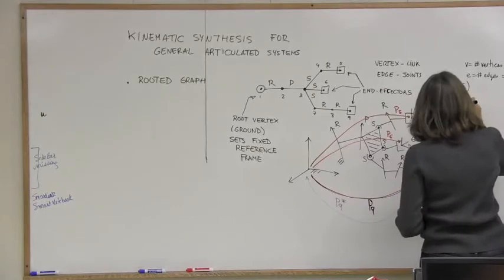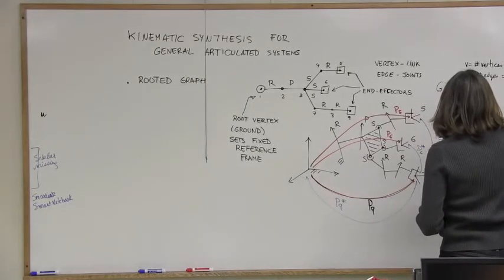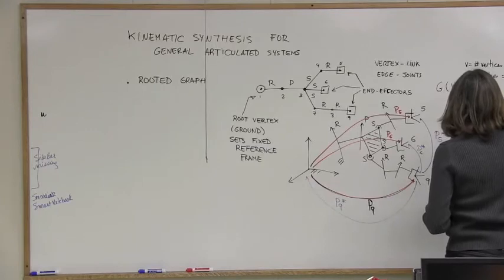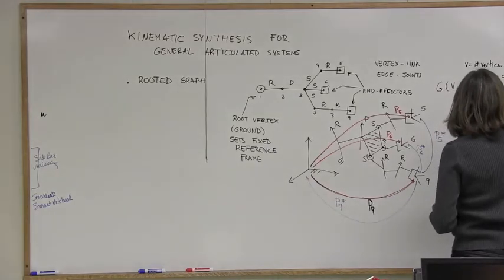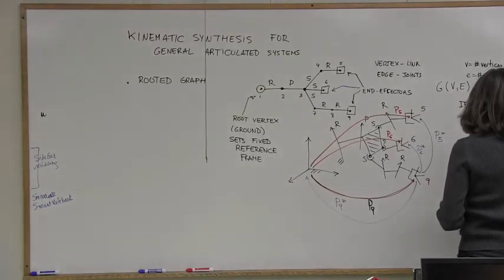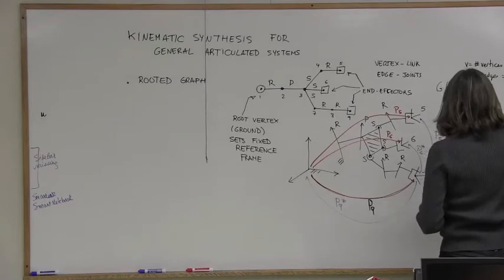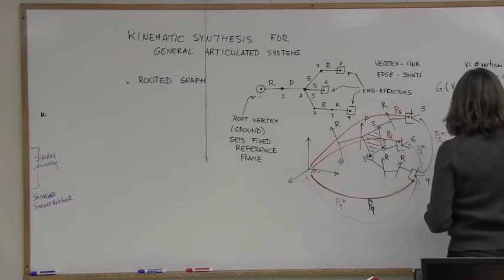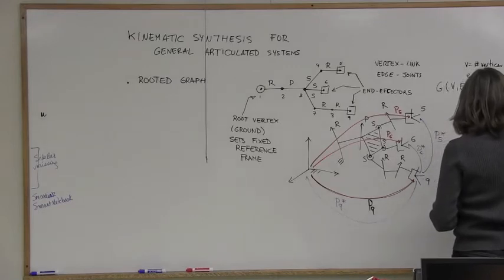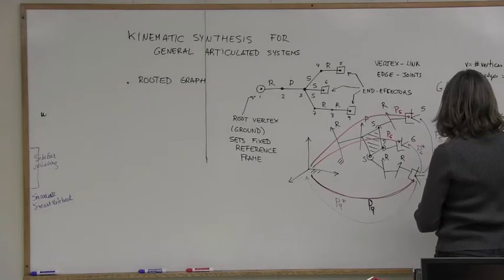So what if we fix end effector 9 as the ground? If we fix end effector 9 as the ground, it means we are measuring from frame 9.